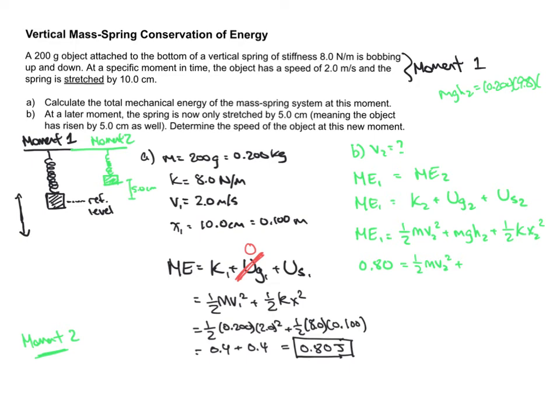So the height at moment 2, it rose by 5 centimeters, so the height would be 0.05 for SI units. So this turns out to be 0.098 joules.